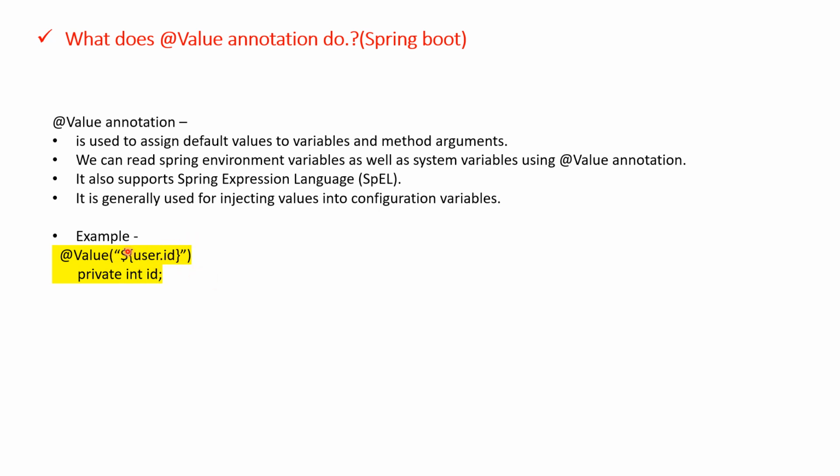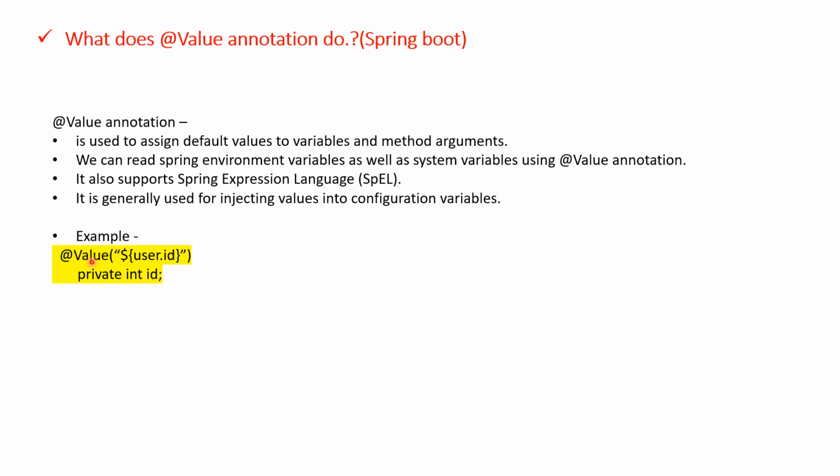syntax, we have to give it using quotes and the dollar symbol with braces, that user.id means the value from the properties files it is taking, and this we have to assign to some variable. Normally in Java we declare like this, right? private int id or private String name, something like that.